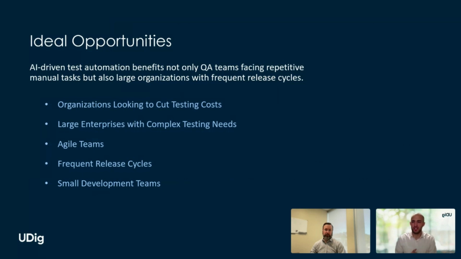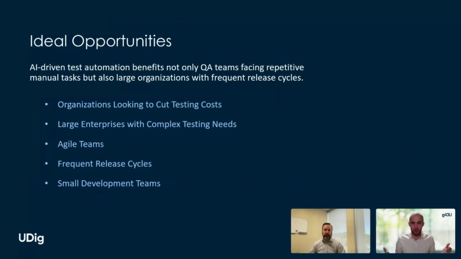All right, so what does this mean? Looking at ideal opportunities, who would be a good fit for this, and where would this drive value? We think maybe companies trying to save expenses by moving away from manual testing and adopting more automated testing solutions, or large enterprises that have wide-ranging and thorough test coverage across multiple apps and environments.